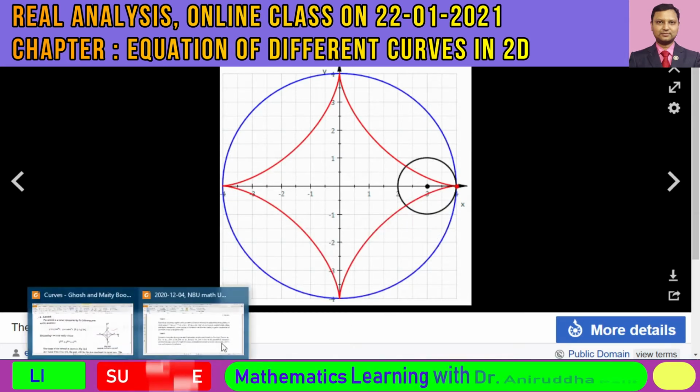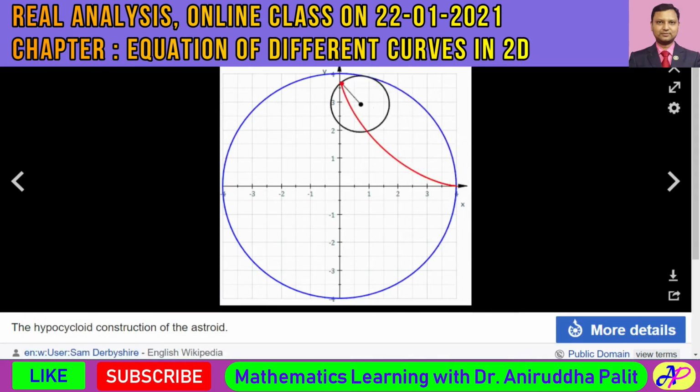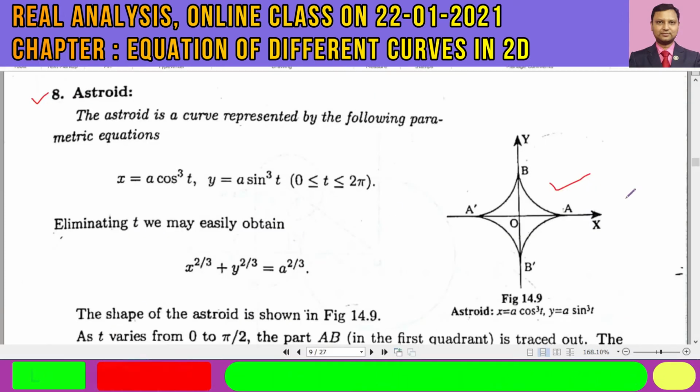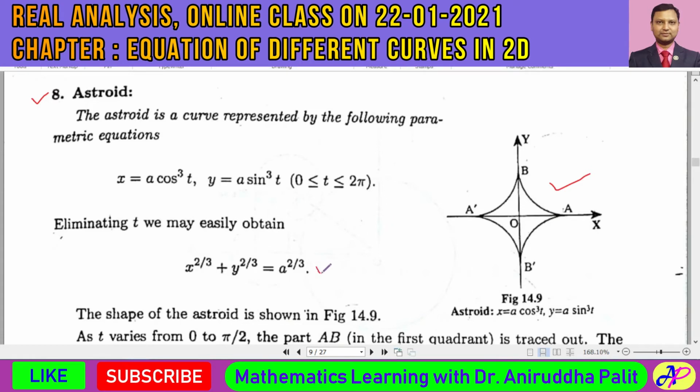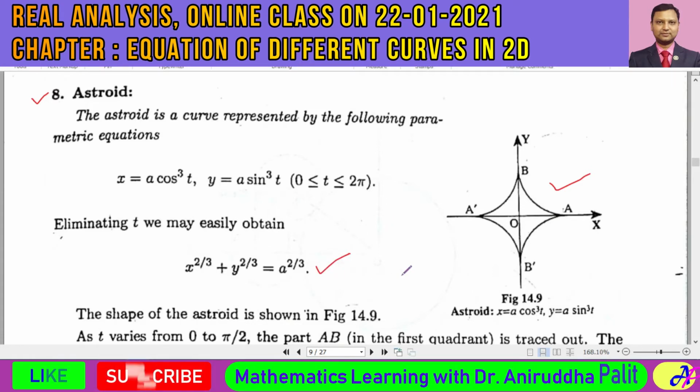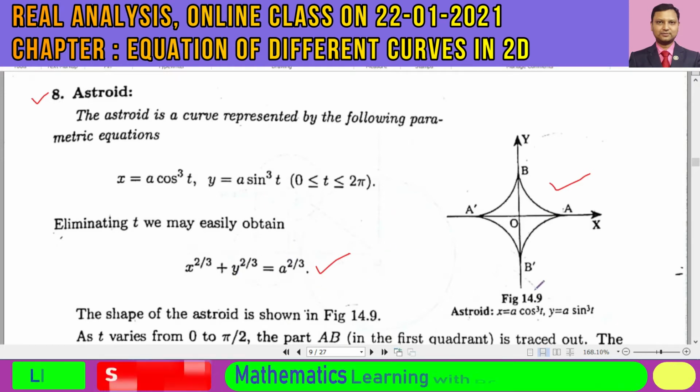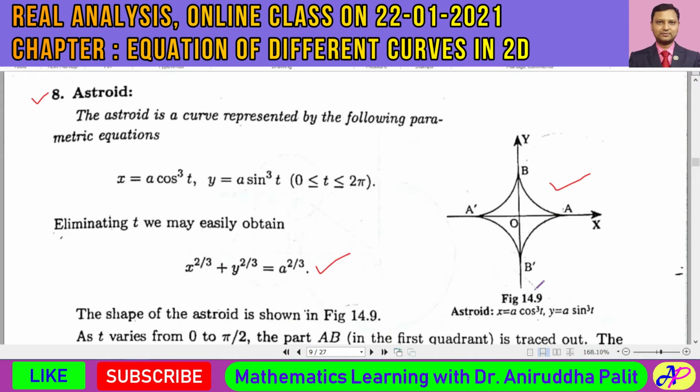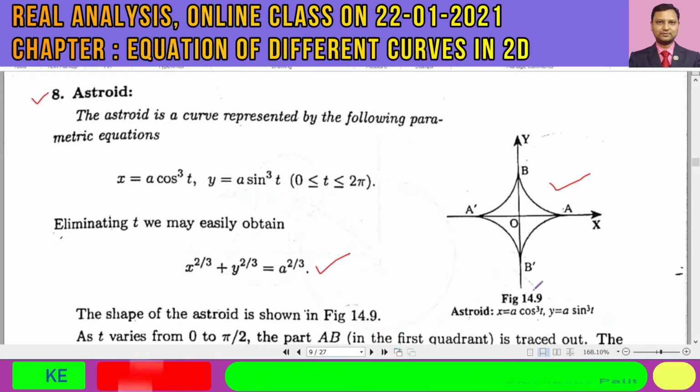And what would be their mathematical equation? Let me show you. The mathematical equation of the asteroid is x to the power of 2 by 3 plus y to the power of 2 by 3 is equal to a to the power of 2 by 3, where a is a positive constant.